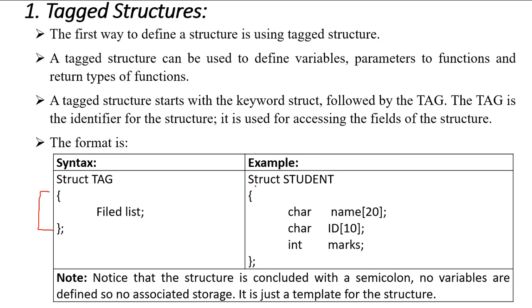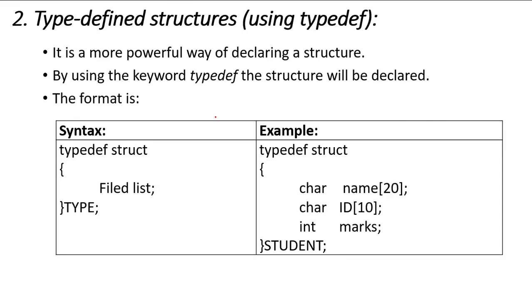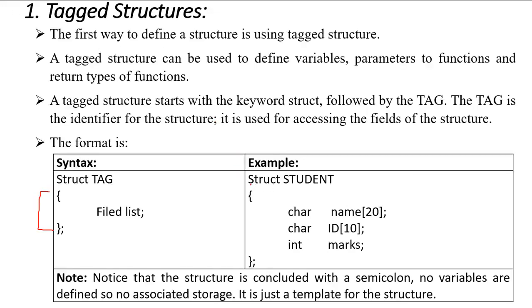So I use the keyword struct. Be careful, there is no need of using this S as a capital. This must be a small letter here because it is a mistake, an error of auto capitalization inside your PowerPoint or inside your Word.